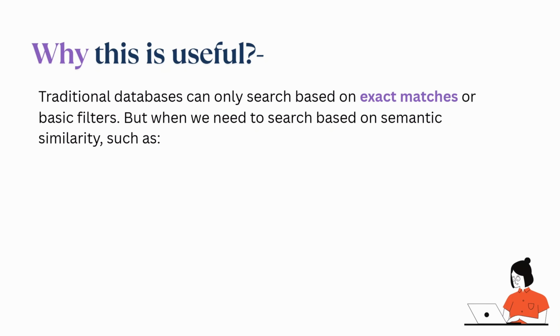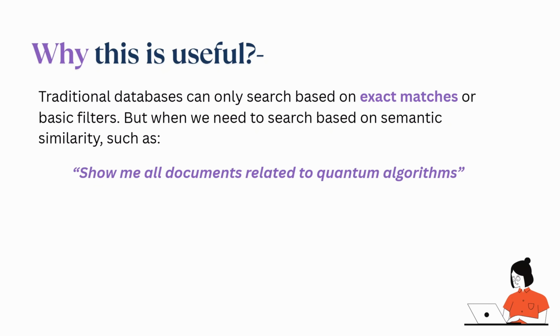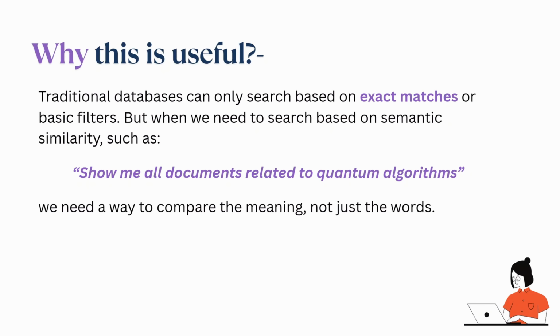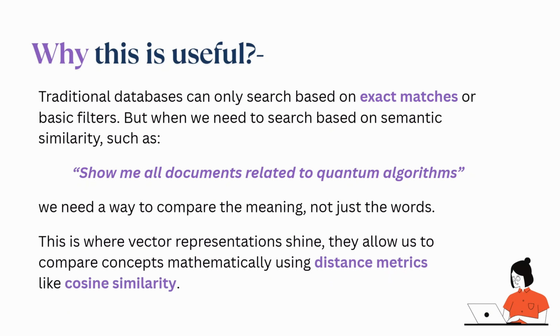Traditional databases are great at searching for exact matches or using basic filters like keywords, IDs, or categories. But let's say you ask, show me all documents related to quantum algorithms. A traditional database might miss relevant content if it doesn't contain those exact words. This is where vector representations become powerful.